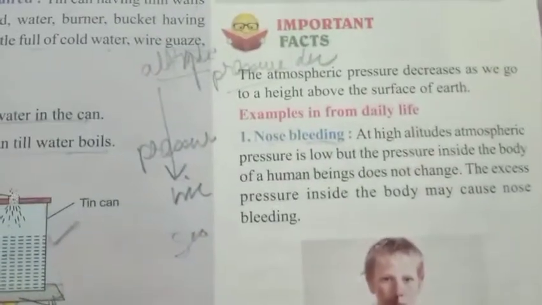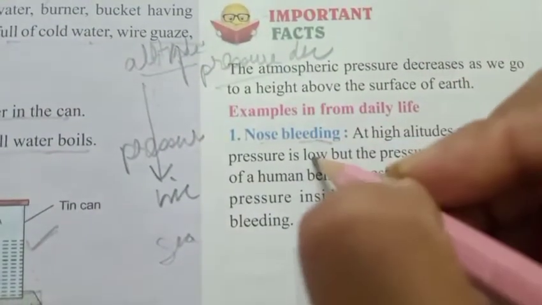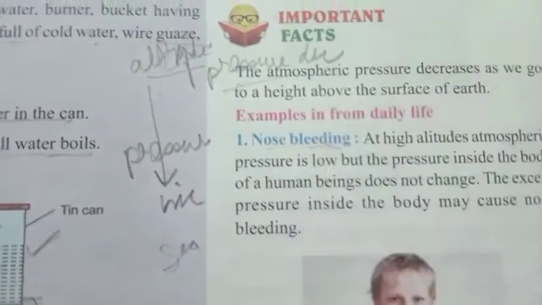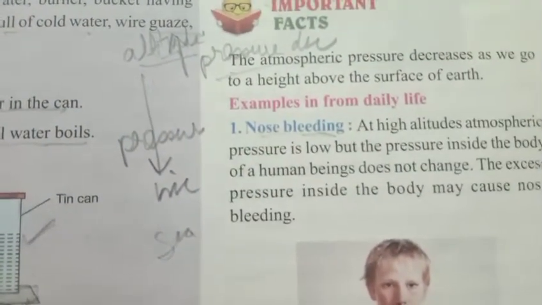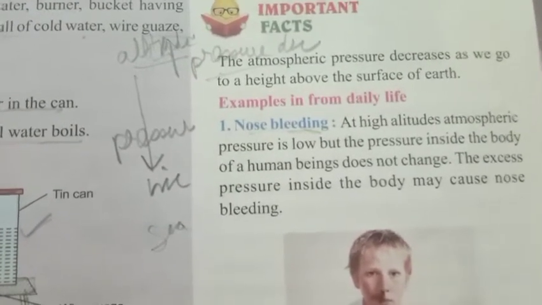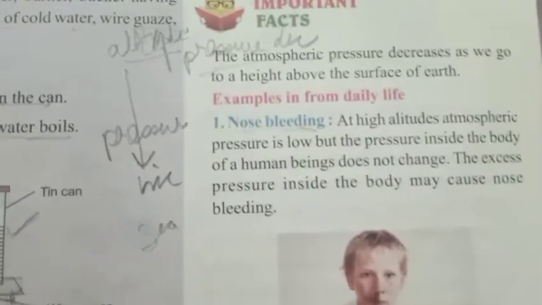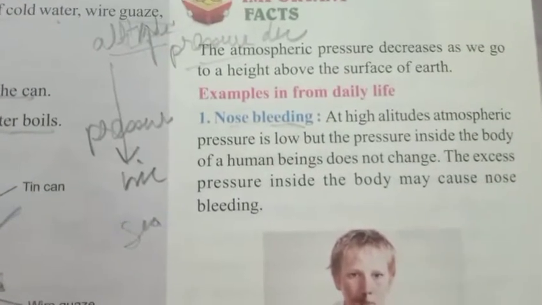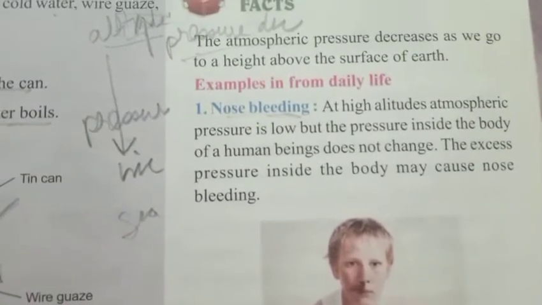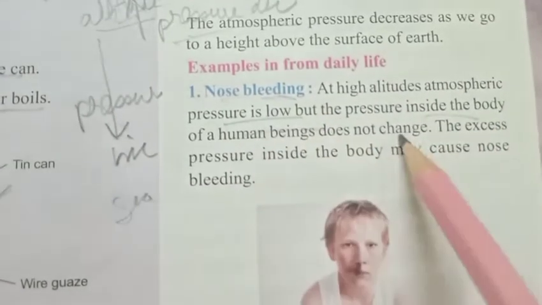Whenever you go high, like hilly areas, mountain areas, you have seen many people having a nose bleed. Why is there a nose bleed? Because when you go high, the atmospheric pressure is very low, but inside your body you have blood pressure, which is very high. That difference between your blood pressure and the atmospheric pressure causes a burst of your vein or artery, and the blood comes out. At high altitude the pressure inside the body does not change.